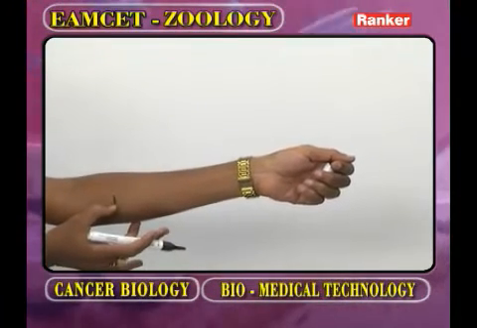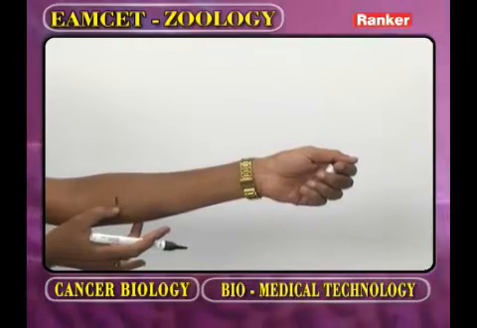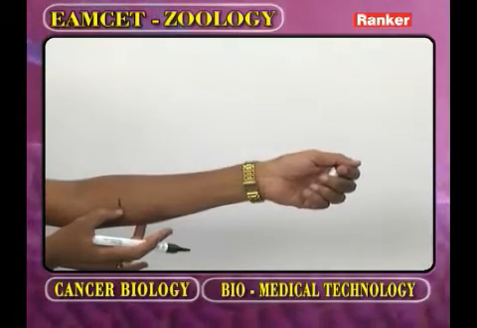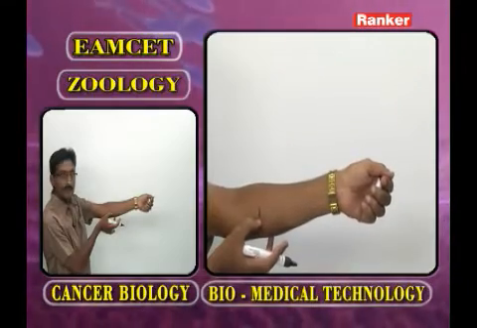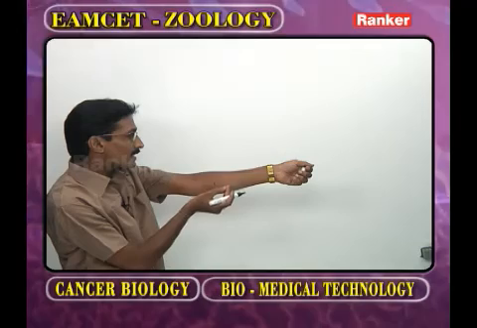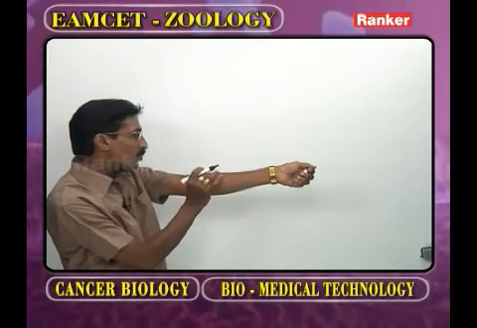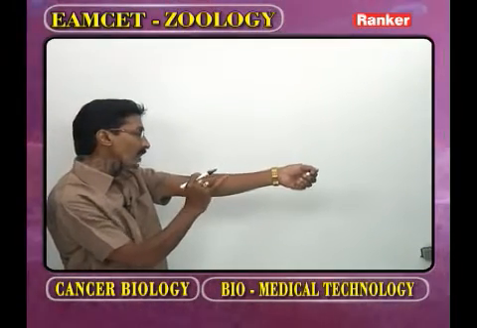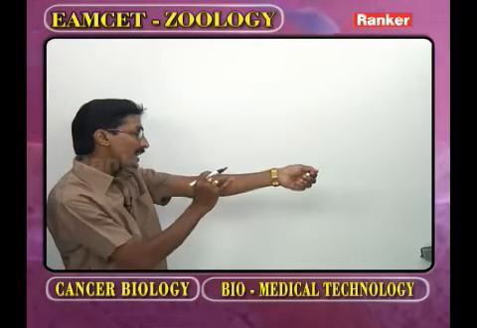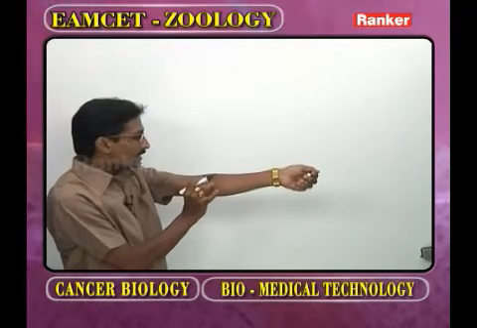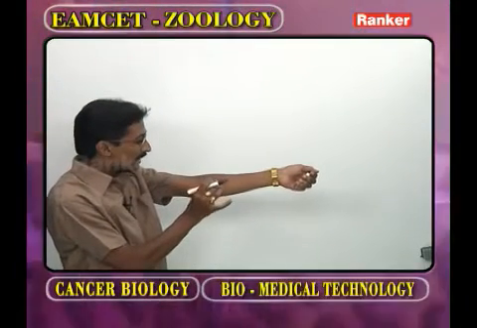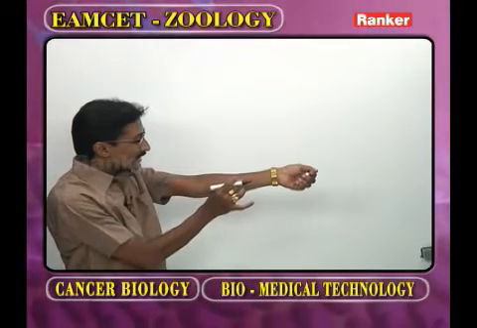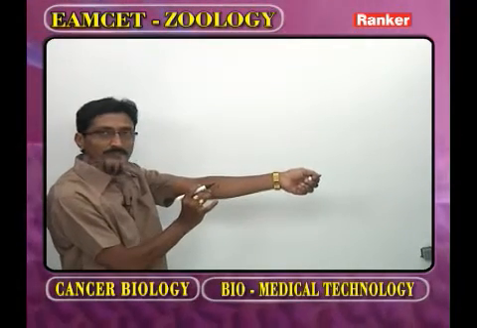That means here the skin is damaged due to burning or because acid is poured. Once acid falls on our body, the skin is damaged. This damaged skin is replaced by another skin from our body.